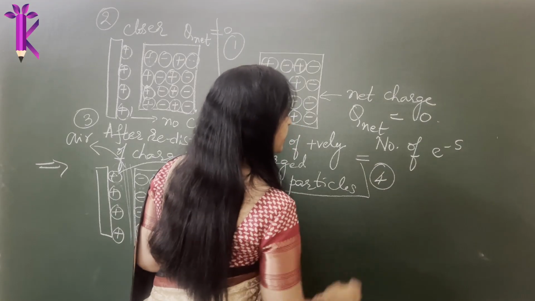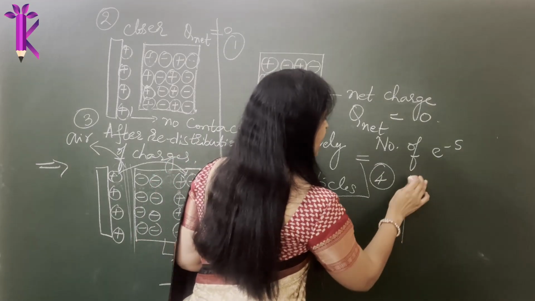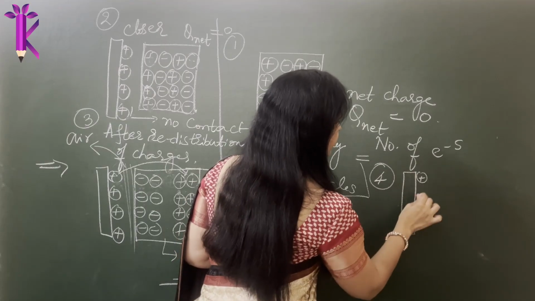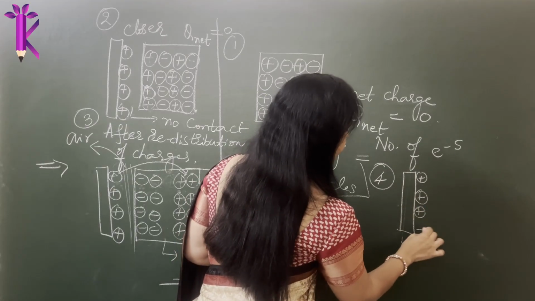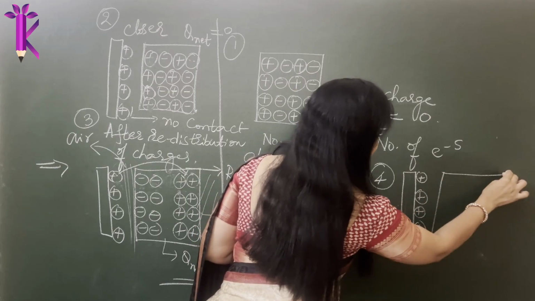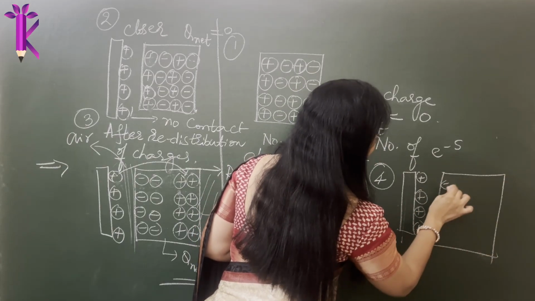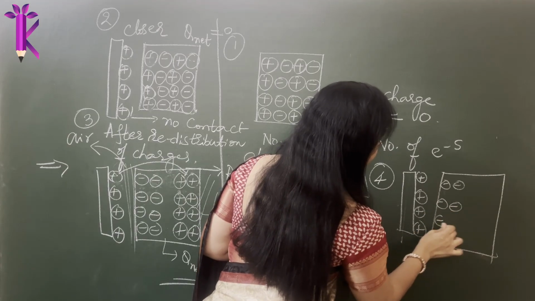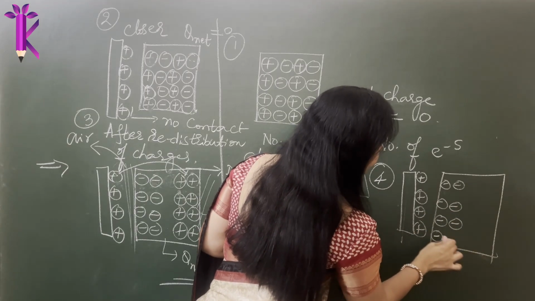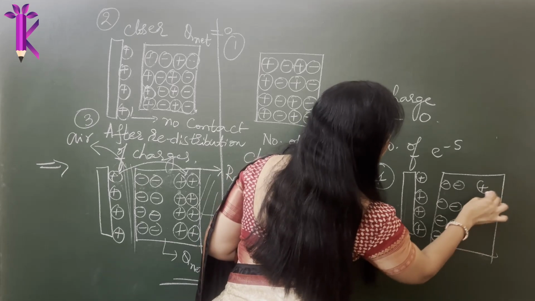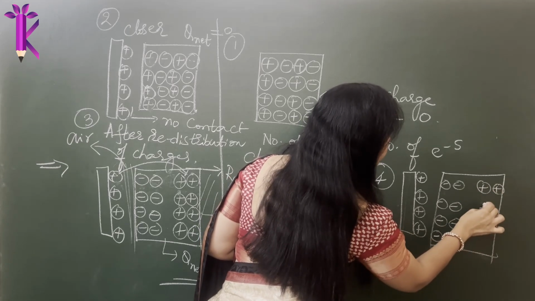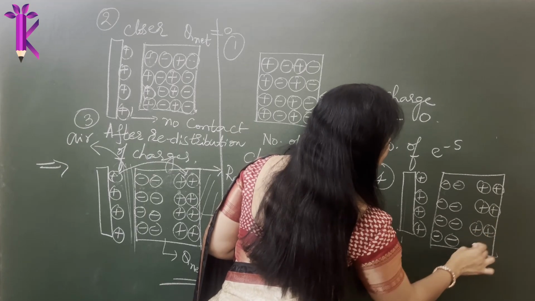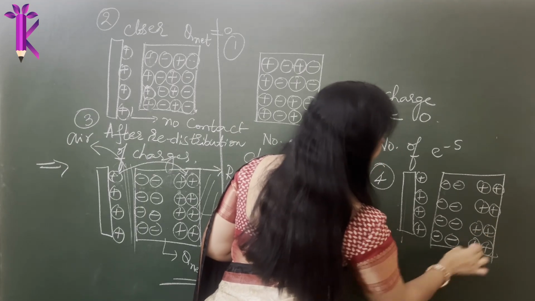So the 4th step is, let's write the scenario. The current scenario we have is, there are 4 charged particles, and negatively charged particles aligned on one end closer to the positively charged particles, experiencing a force of attraction, and the positively charged particles on the metal surface experiencing a force of repulsion are drifted as far away as possible from the negatively charged particles.